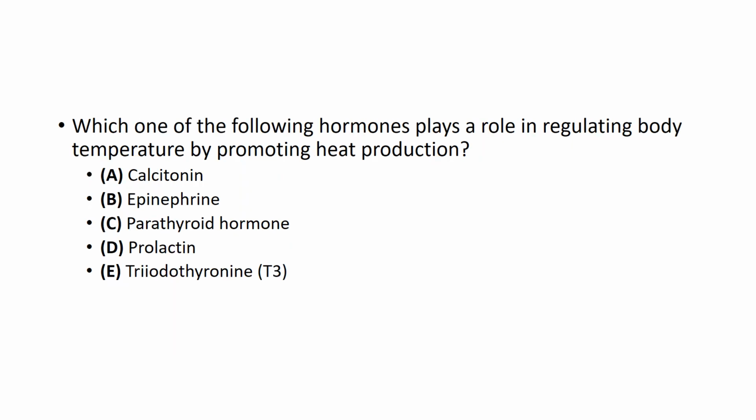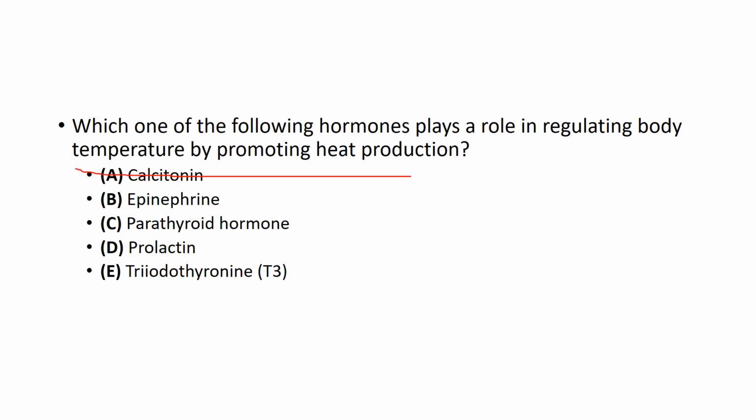Which one of the following plays a role in regulating the body temperature by promoting heat production? Which hormone helps in producing heat? Calcitonin regulates only the calcium, not much else. Epinephrine, no, it has a fast action, but it directly doesn't cause increased heat production.